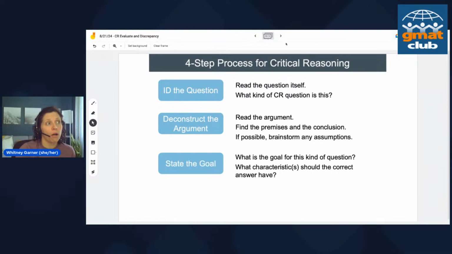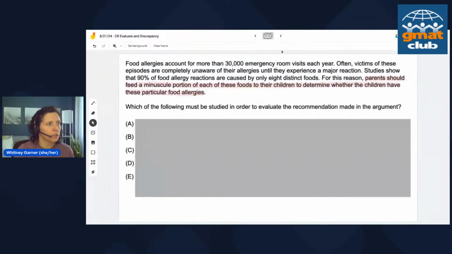So, for example, I might not care what the average age of a person at the emergency room is. I might not care if parents have been successful in other health interventions with their children.